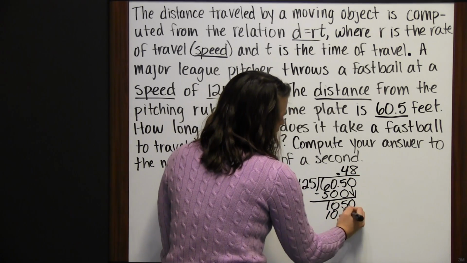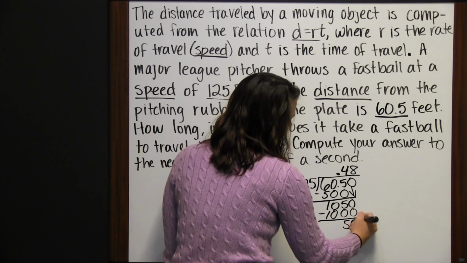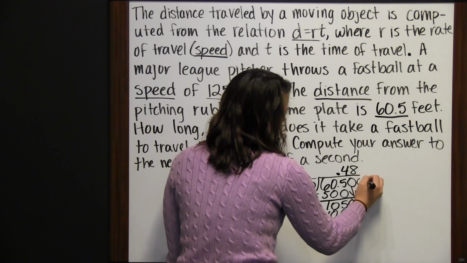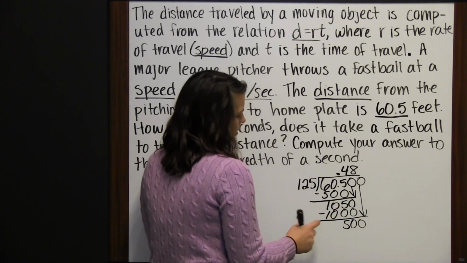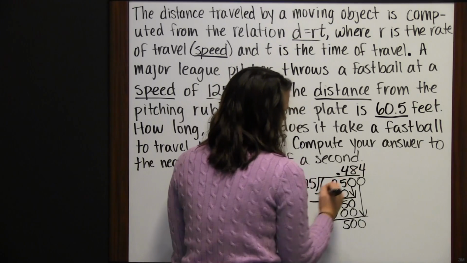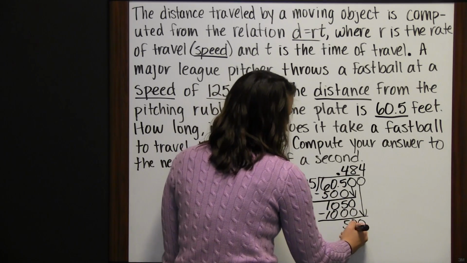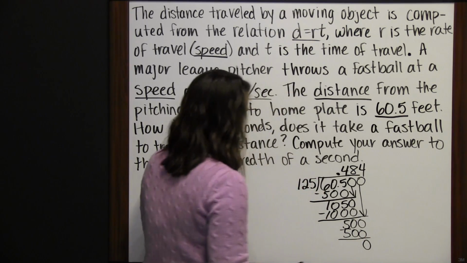And that would give us 1,000. We subtract that and we get 50. Add another 0, bring it down. And 125 goes into 500 4 times. 125 times 4 is 500. Subtract and you get 0.